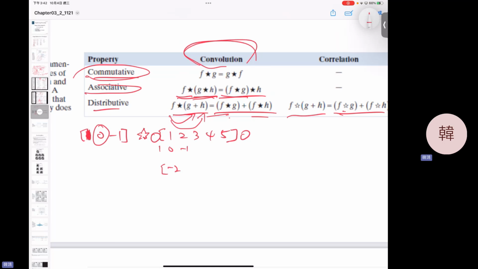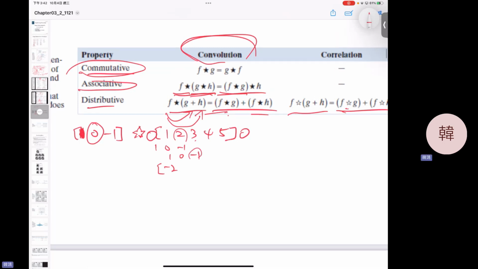So how about next? 1, 0, -1. What's the result? Correlation. How much? -2, right?